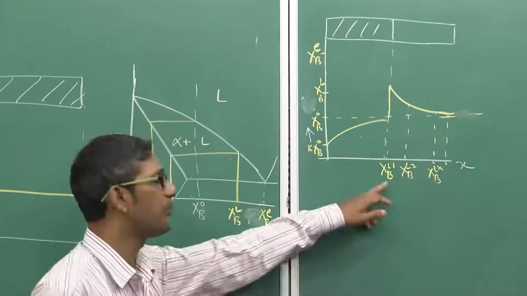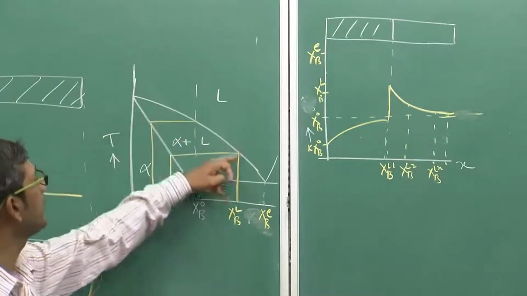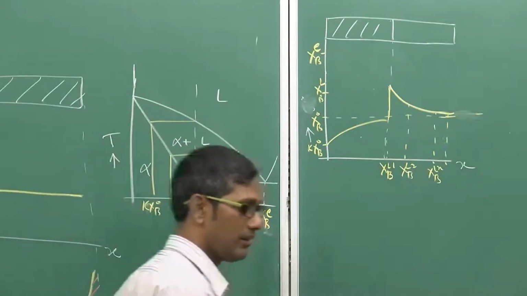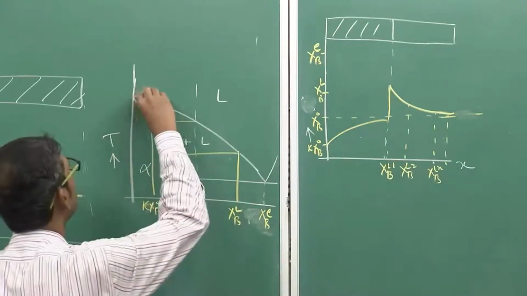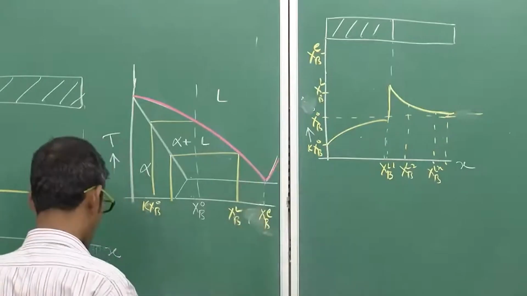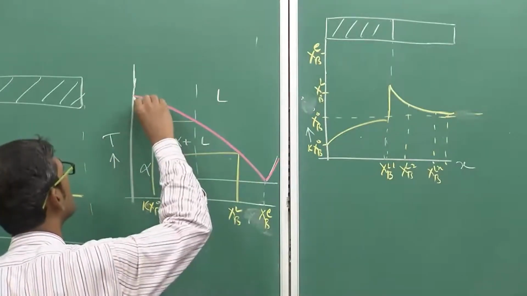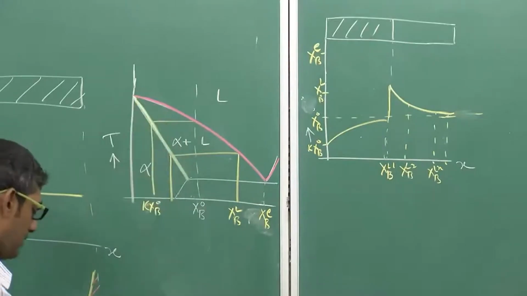Now, these compositions in the liquid will determine its liquidus temperature, obviously, because in the phase diagram this is the liquidus. Let me put it in color, otherwise it is very difficult to follow. This is my liquidus, and this is my solidus, the green one.